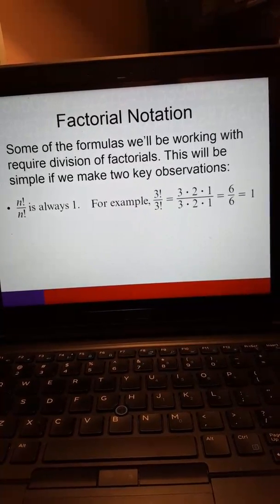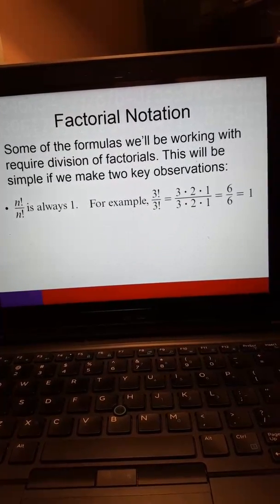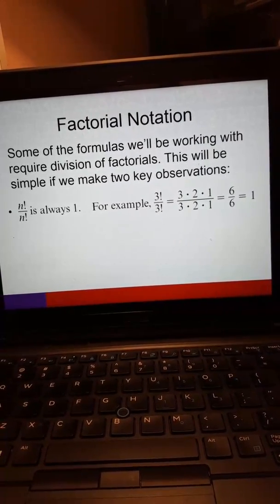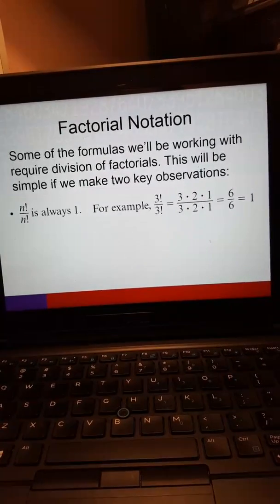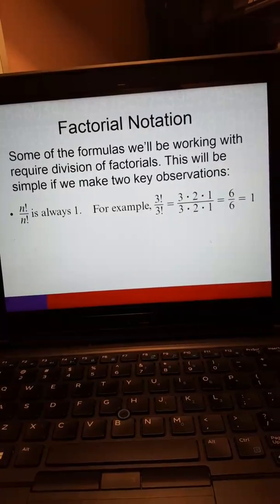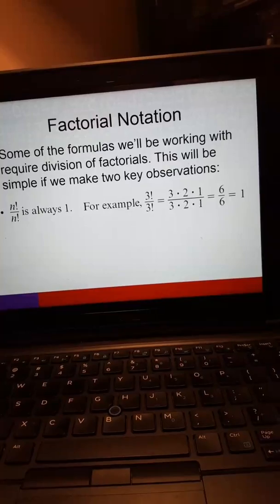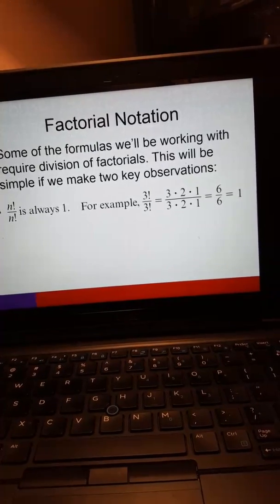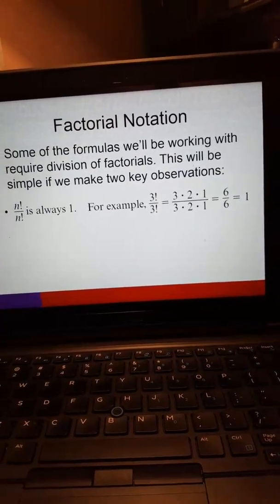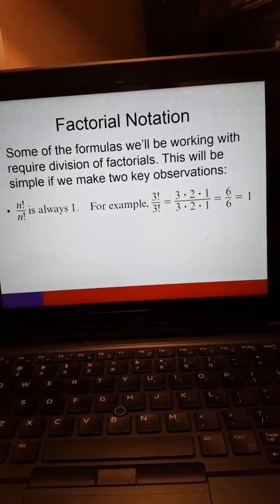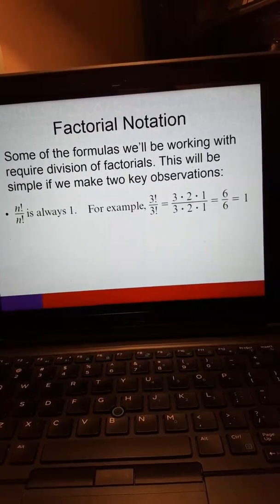If you see n factorial over n factorial, we always know that whatever the number is, it's going to be 1. The reason why is if we had 3 factorial over 3 factorial, when you open your package and break it down, 3 times 2 times 1 for the numerator and 3 times 2 times 1 for the denominator, then we have 6 over 6. And 6 over 6 is still going to be 1.